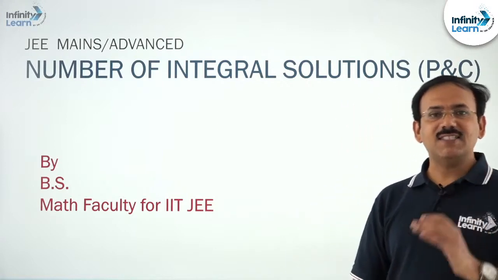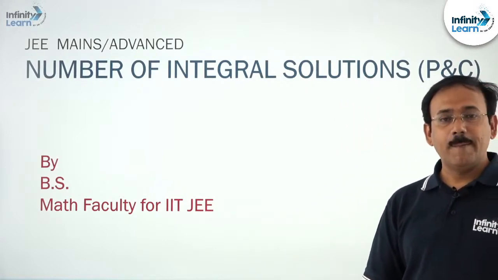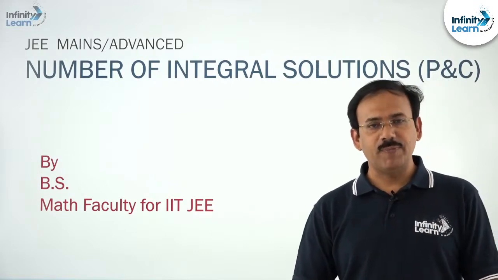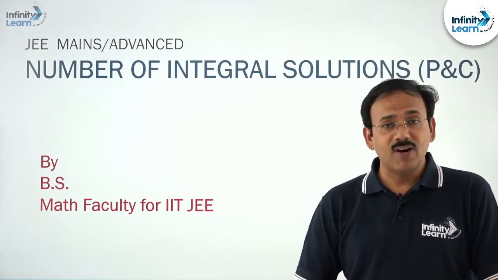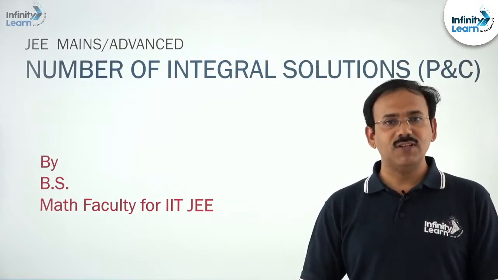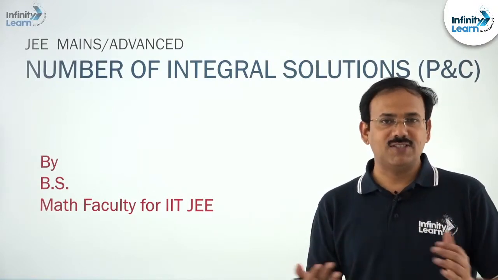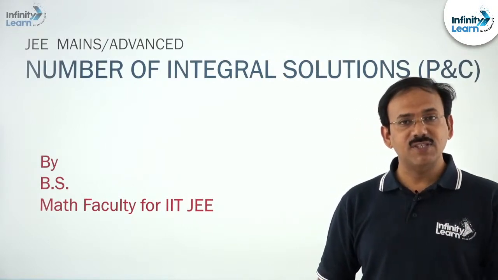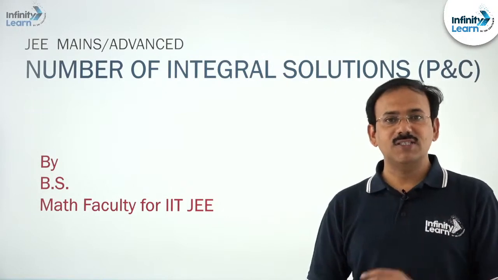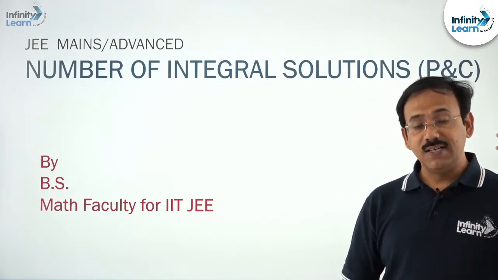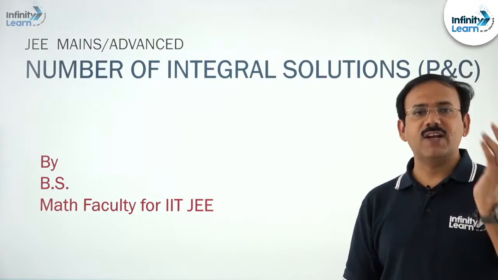In the last class we discussed permutations and combinations related special subtopics, like the number of ways of dividing as well as distributing items into boxes. We have seen all the cases: similar items into dissimilar boxes, similar items into similar boxes, and similarly dissimilar items into different kinds of boxes.